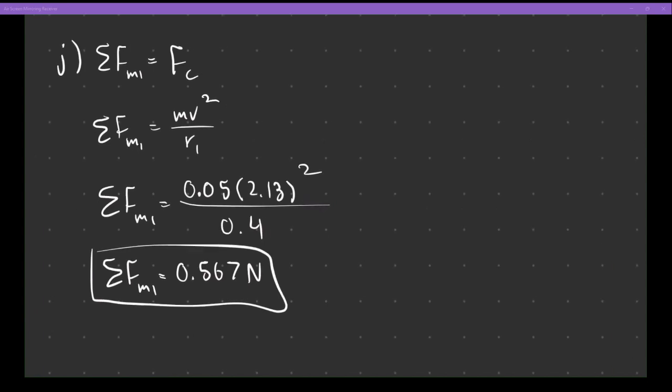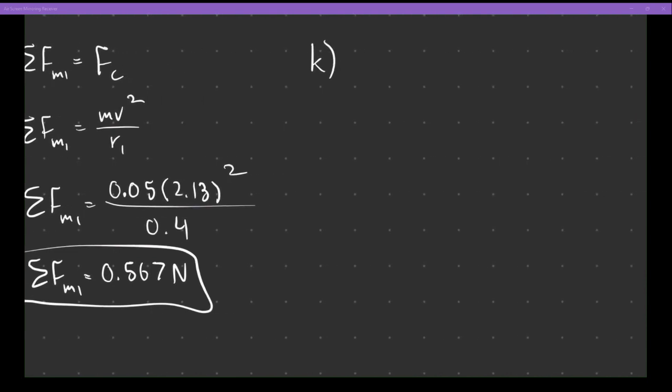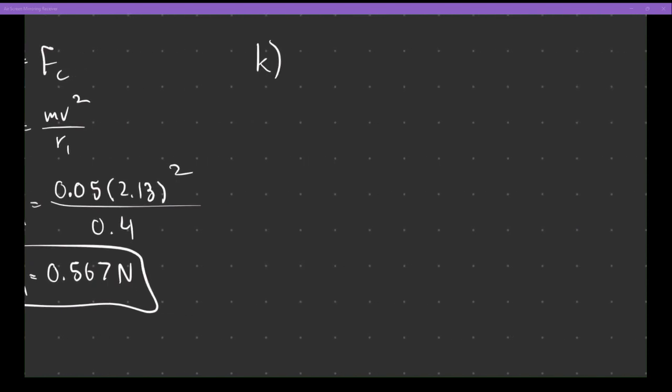Alright, now for the last part, it asks if both masses increase, what happens to both T1 and T2. So first off, I will set up the net force for the second one first because that one's probably easier. So it's just T2 equals FC. So it's just going to be T2 equals mv squared over R2. This is M2. If it increases, now you're multiplying by a greater number, which means that T2 should also increase. Now I do M1 over here.